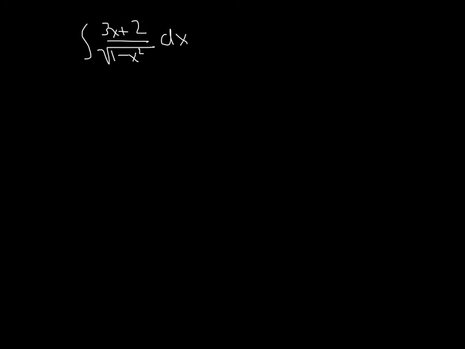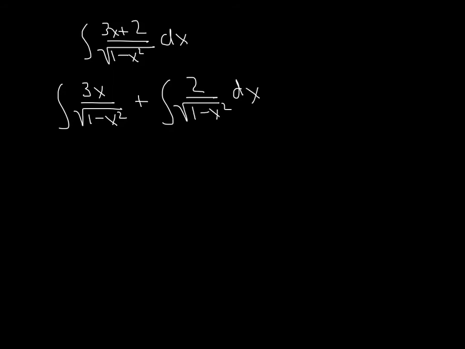Alright, so if we take the denominator and divide it into both parts of the numerator, we're actually going to have two different integrals: the integral of 3x over the square root of 1 minus x squared, plus the integral of 2 over the square root of 1 minus x squared dx. And we need a dx there as well.